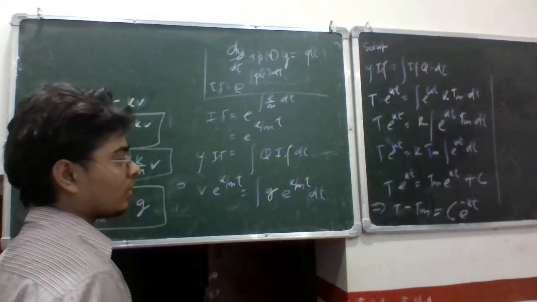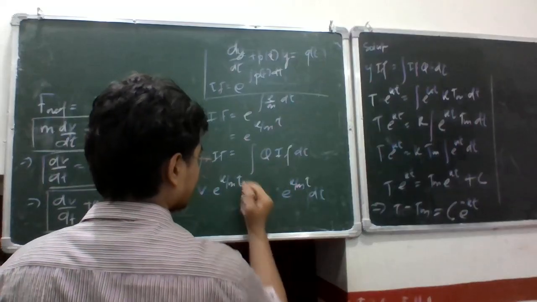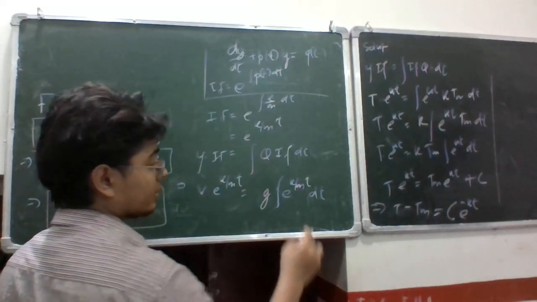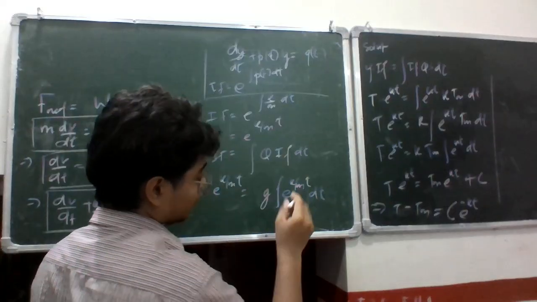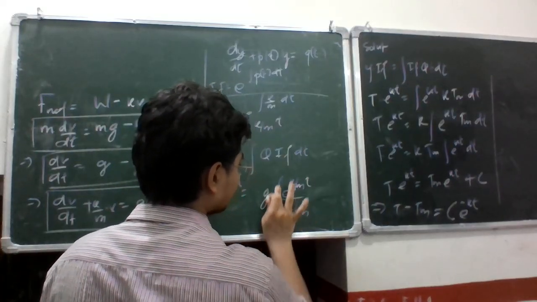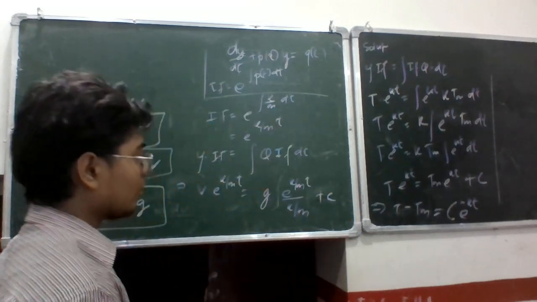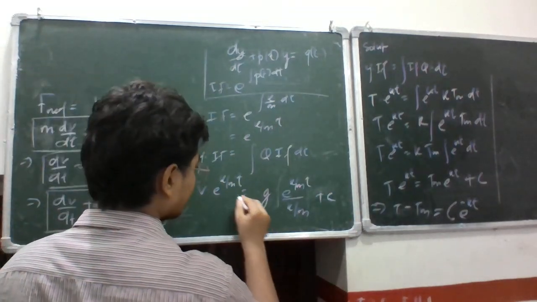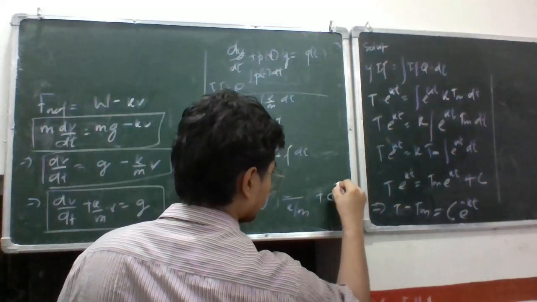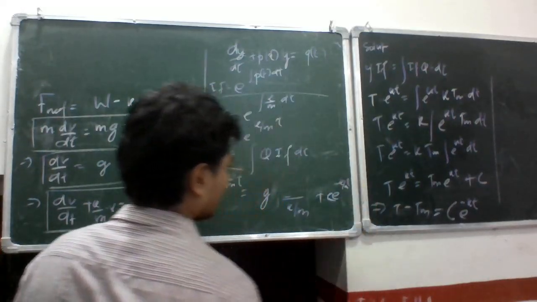This g is a constant, so we can take g outside of the integration sign. If we integrate it, it will be this, and if I divide it by this thing, it will be this.